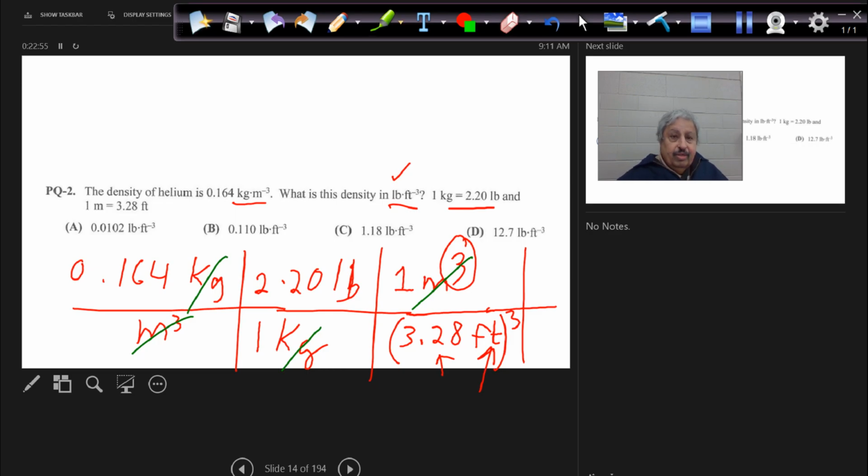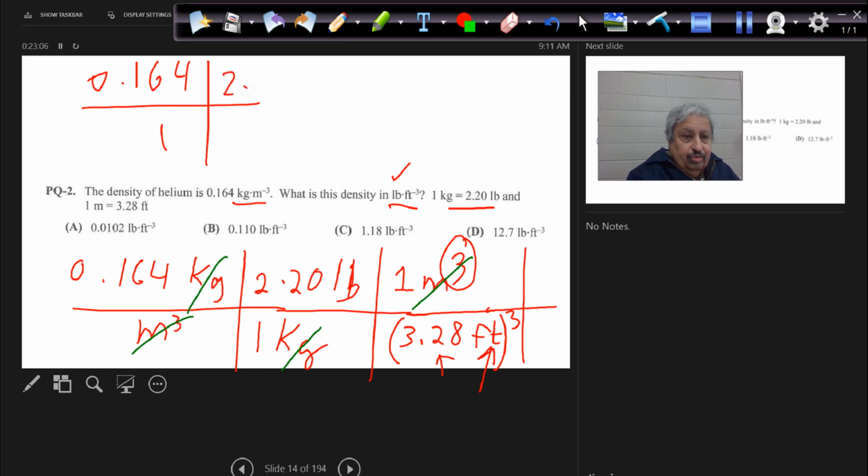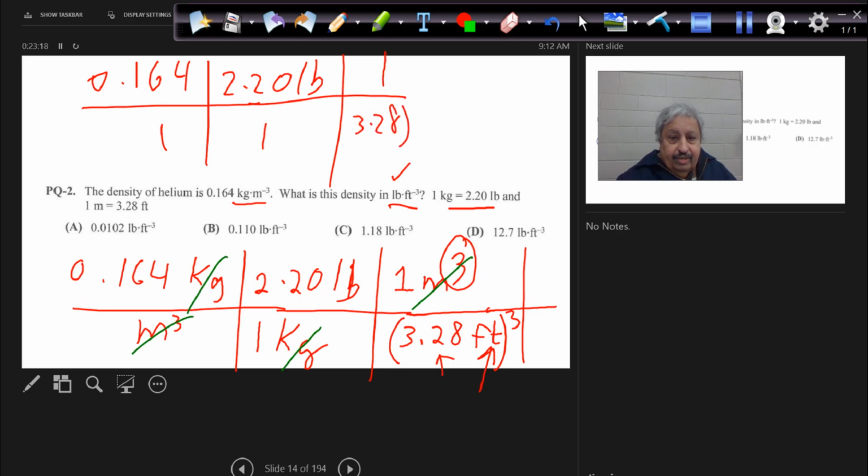So this one will be 0.164. Without unit, the units cancel out. 2.20 pound, correct? 1, and then we have here 1, no units, and then I have 3.28 cube and foot cube.